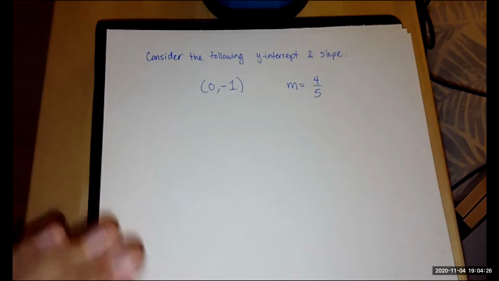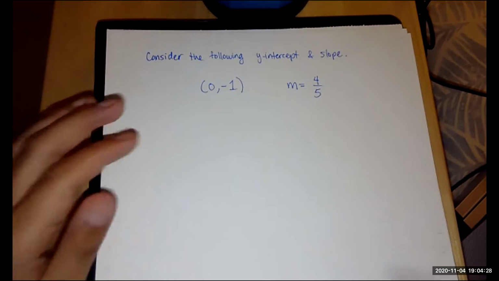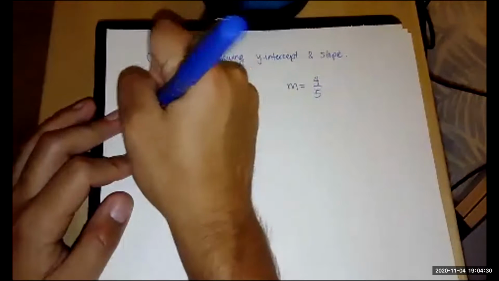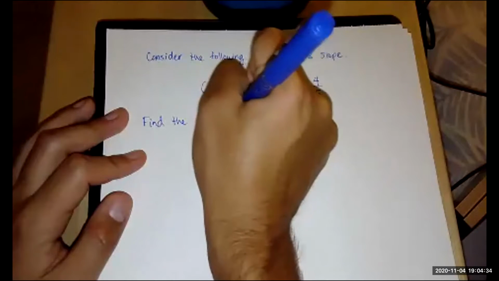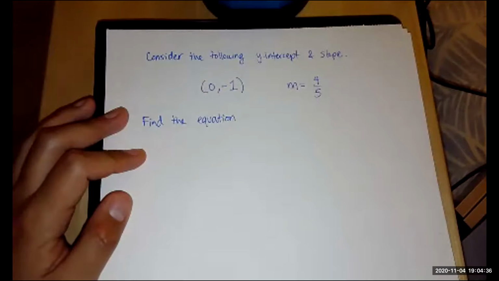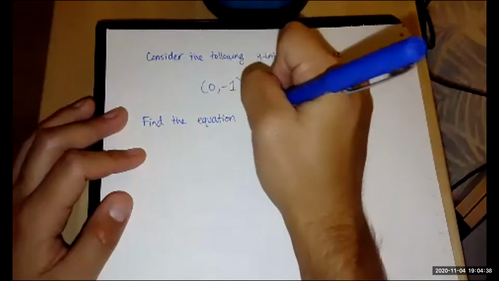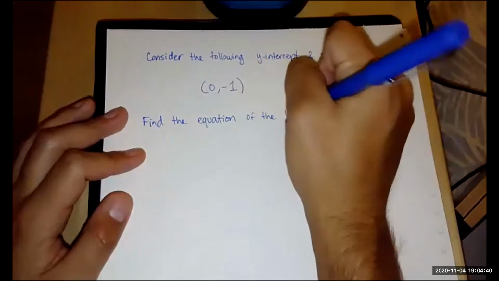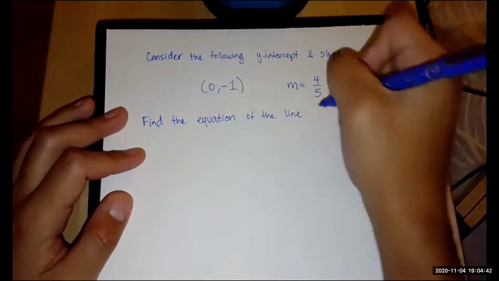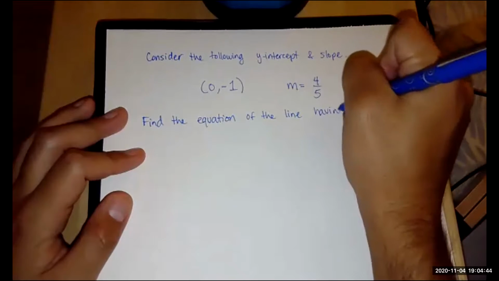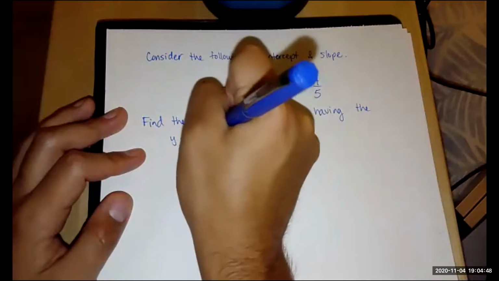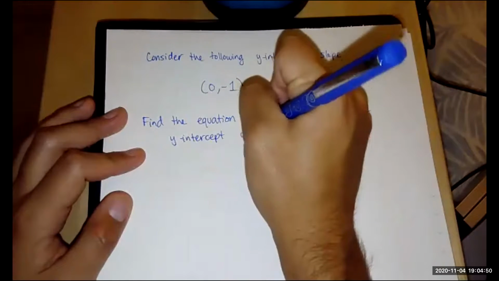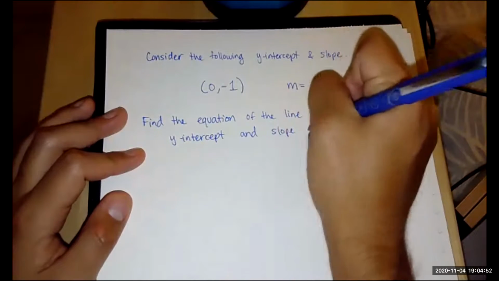Okay. It's saying find the equation of the line having the y-intercept and slope given.